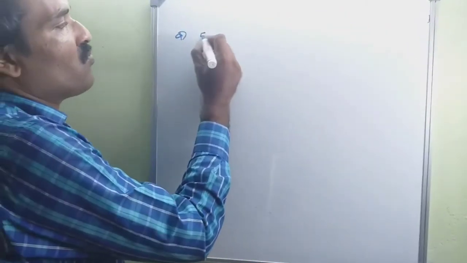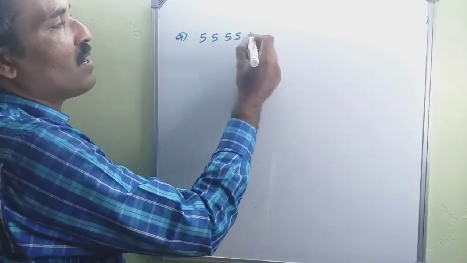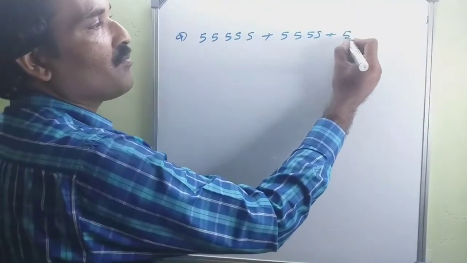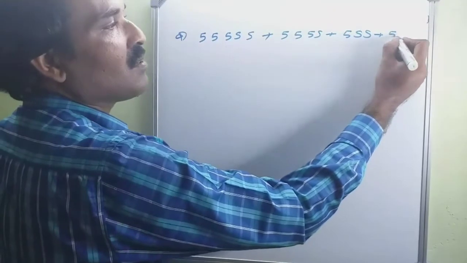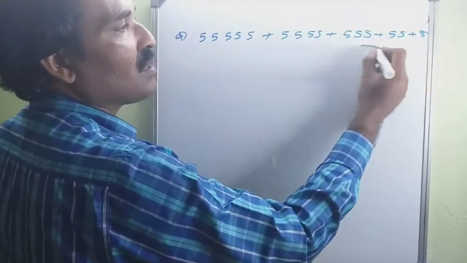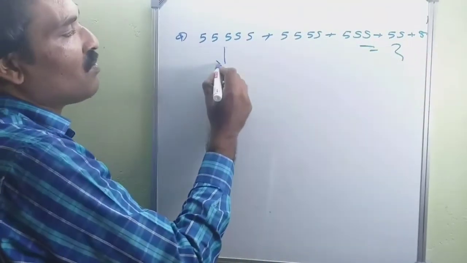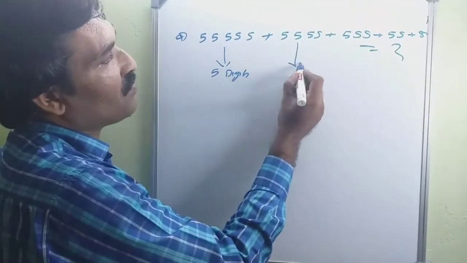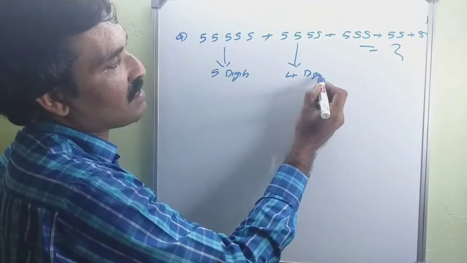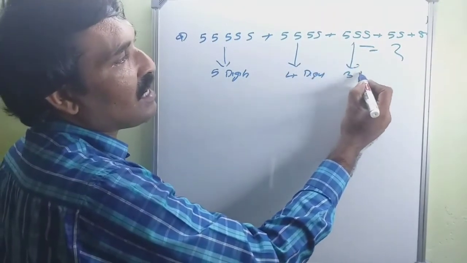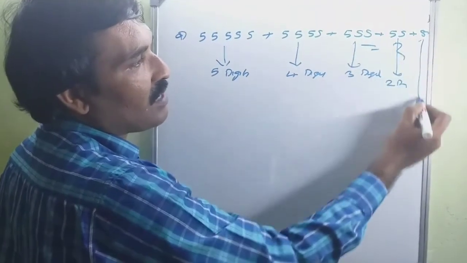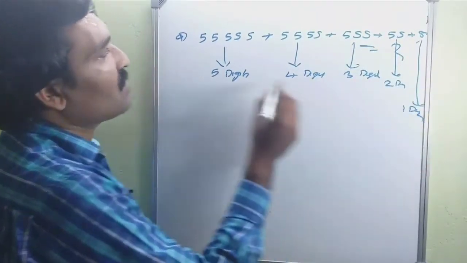Next is 5, 5, 5, 5, 5 plus 5, 5, 5, 5 plus 5, 5, 5 plus 5, 5 plus 5. This is the question. So we have 5 digits, here we have 4 digits, 3 digits, 2 digits, and finally 1 digit.